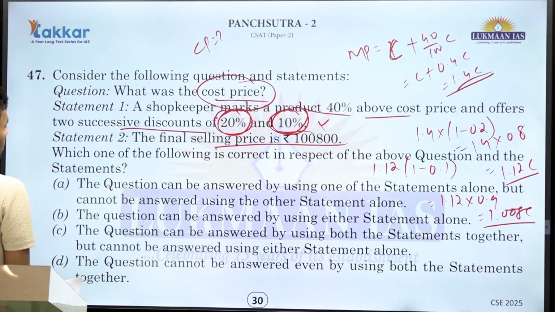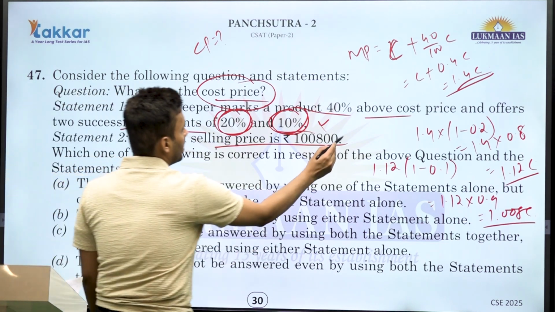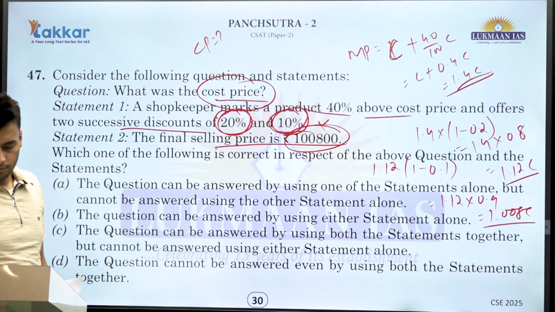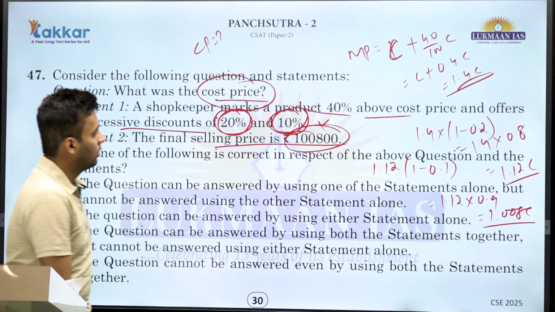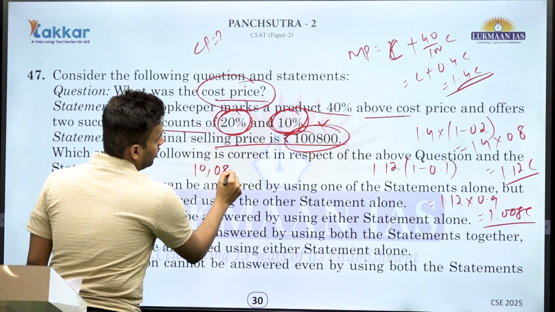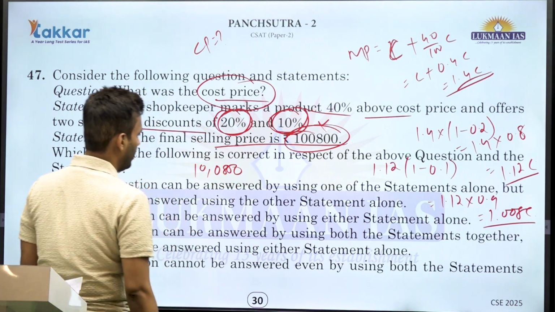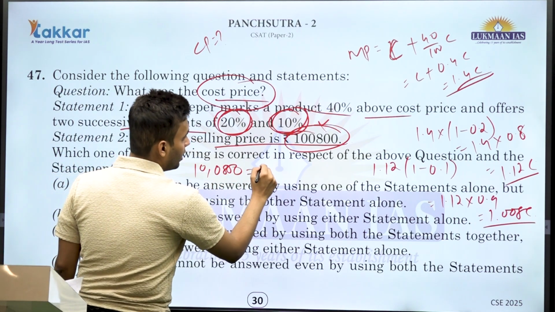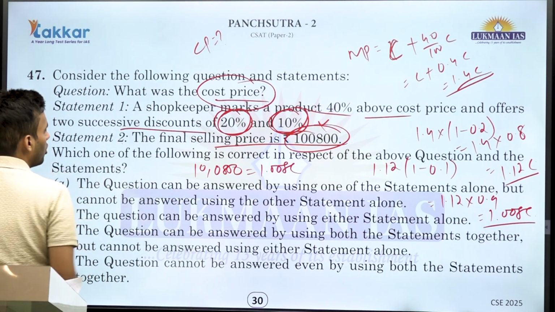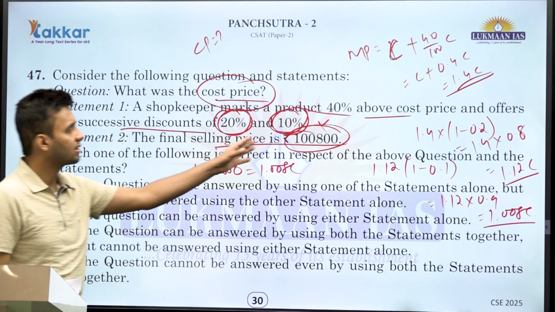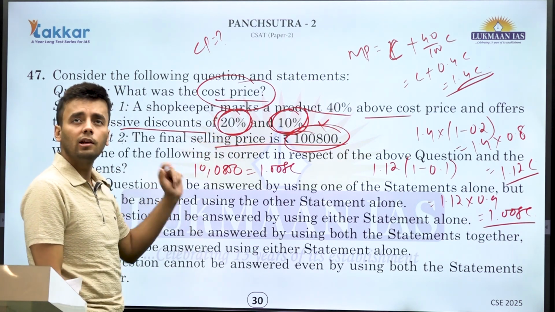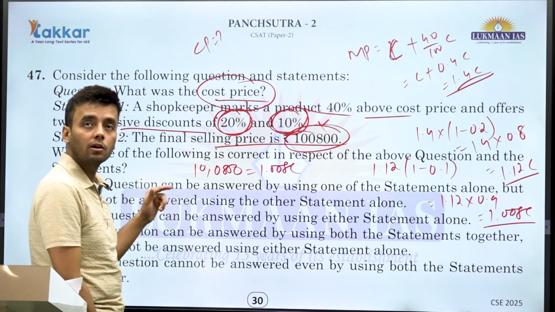So the final selling price is given as 1,08,000. This is nothing but 1.008C. So statement 2 alone is not sufficient because we are just given the selling price. How can we deduce cost price from selling price? So we need to combine both the statements. How do we combine?